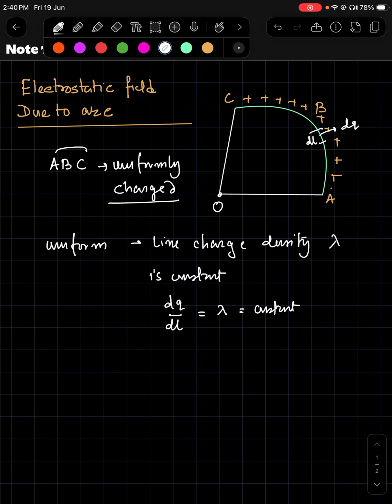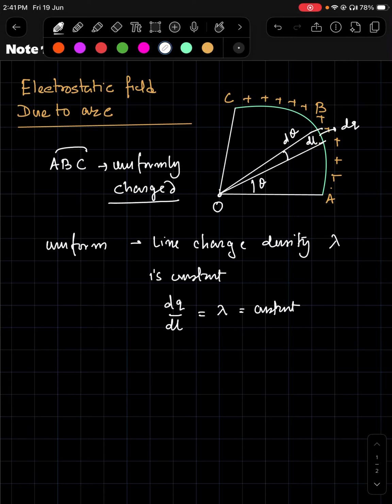First, we have to draw a line. This small line element is taken at an angle theta, and it subtends an angle d theta at the center.